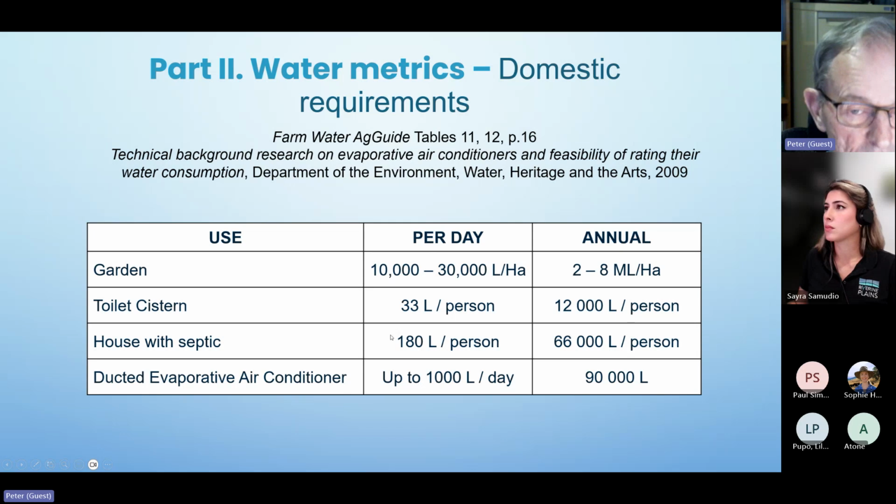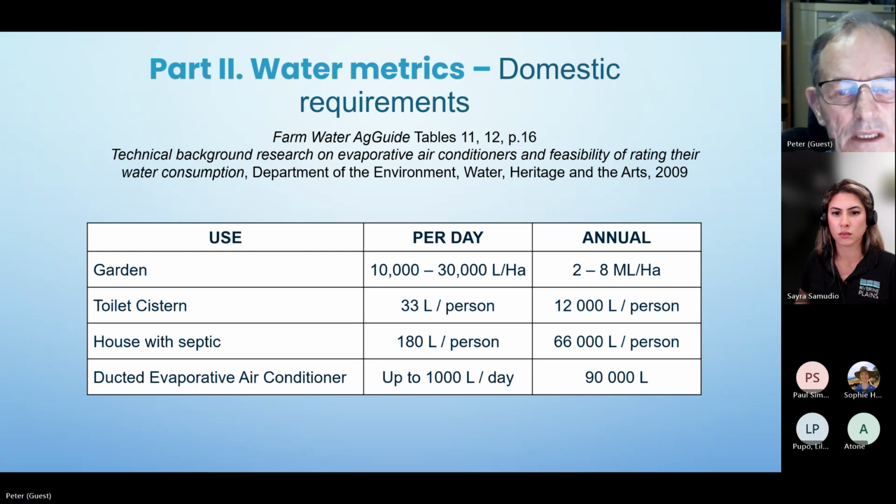If we take a total figure for each person, about 180 litres per person per day is a reasonable estimate. And evaporative coolers can use up to 1,000 litres a day, depending on the type of system you're using and just how hot and dry the day is. They're all figures to give you something to go on.